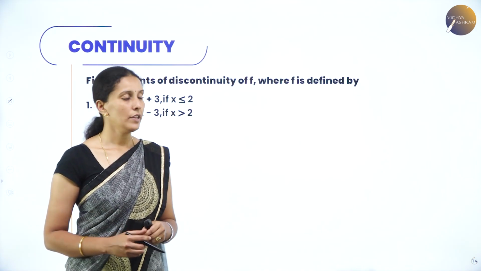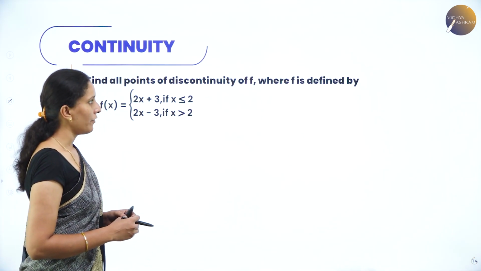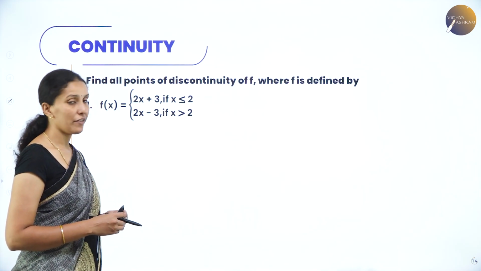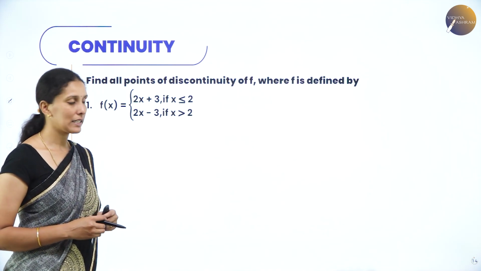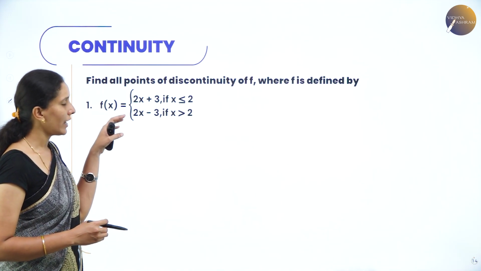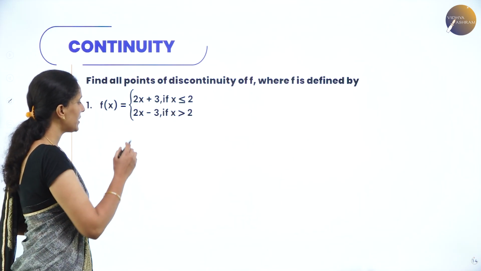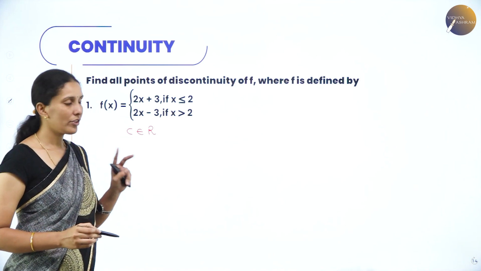So, next question we have: find all points of discontinuity of f, where f is defined by f of x equal to 2x plus 3 if x is less than or equal to 2, and 2x minus 3 if x is greater than 2. So let me take the real numbers as the domain of this function. Let me take any c belongs to R here. So we have three cases.